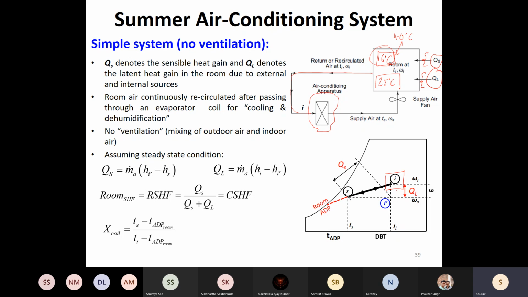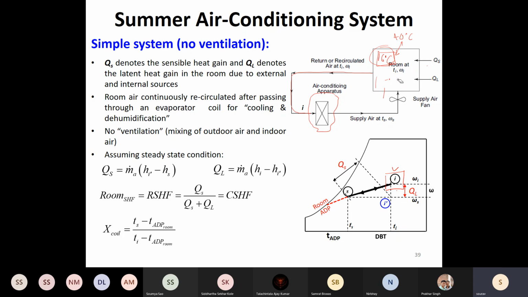For the other fellow who is maintaining 25 degrees C, it's only 15 degrees, whereas for the previous one, it was 24 degrees. So your conduction heat leak from the outside to the indoor would be higher. Whatever you want to maintain as the indoor condition, against that only you should be able to calculate what is QS and QL.